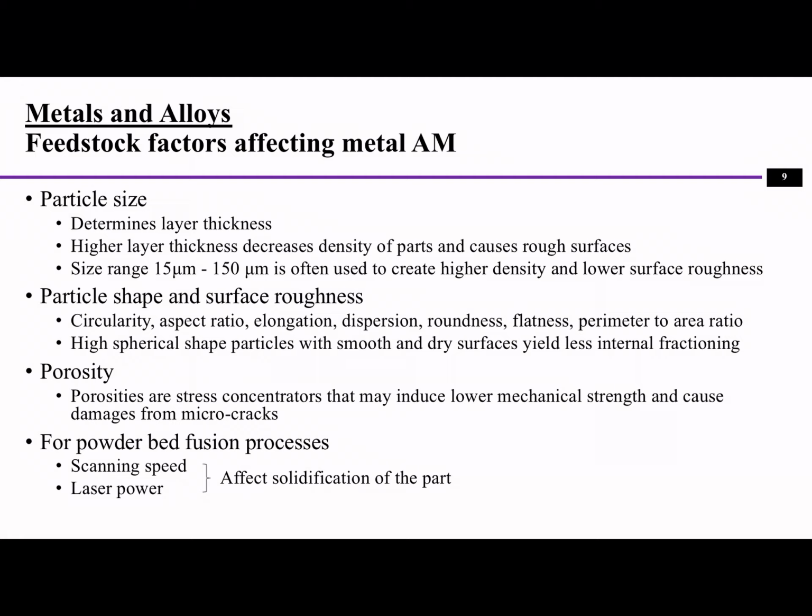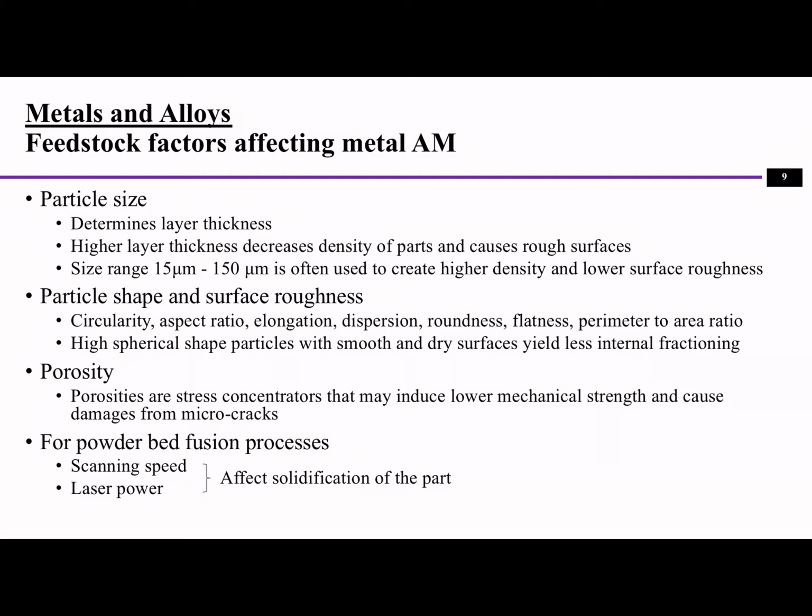Another one is the particle shape and the particle surface roughness itself. So for particle shape, there can be different shapes, right? And circularity will be preferred. Highly spherical particles, usually with smooth and dry surfaces, will yield less internal friction.